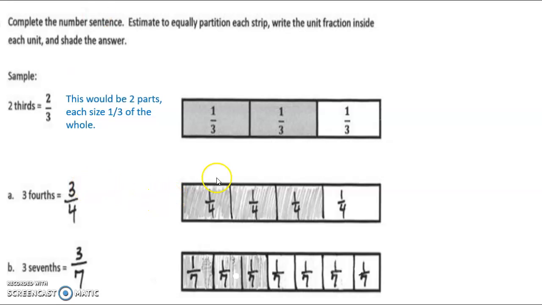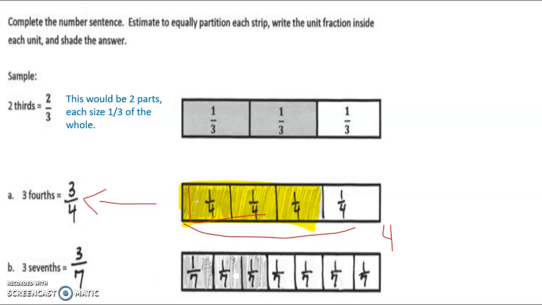So we're going to show that there is 3 colored in right here, and there is 4 boxes altogether, so it equals 3/4.